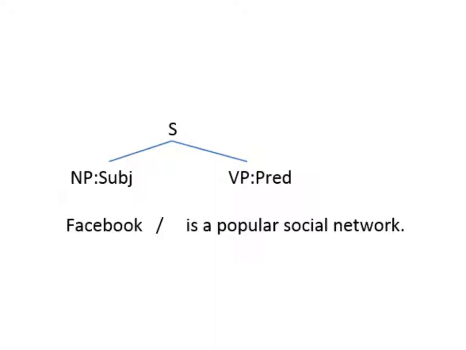The noun phrase subject and the verb phrase predicate. And then break down the constituents from there, like so. So I separated the noun phrase subject, which is just the one word Facebook, from the verb phrase predicate, which is a popular social network.